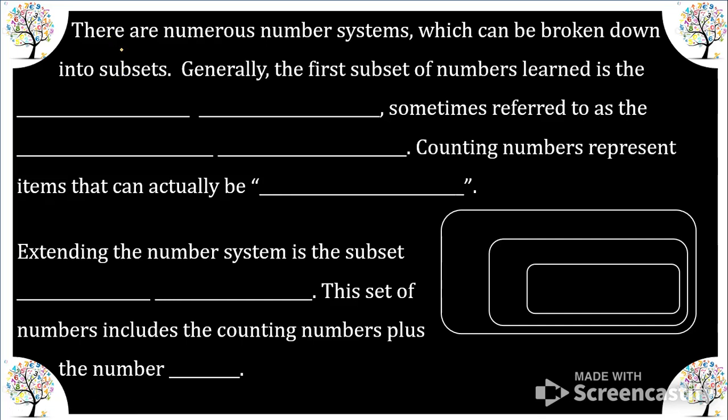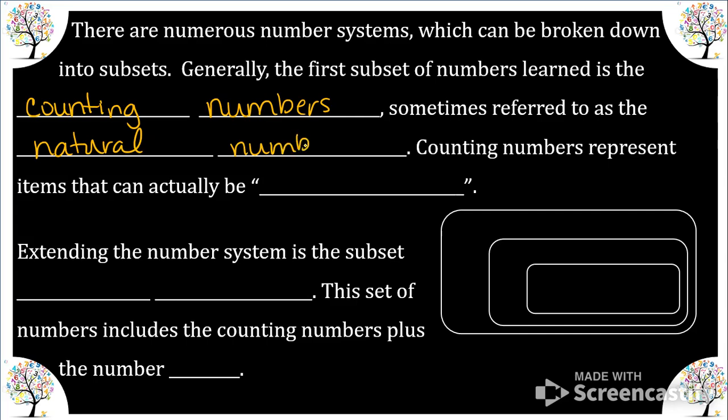So there are numerous number systems, and you begin learning these in elementary, and they can be broken down into subsets. So generally the first subset that we learn as individuals is called the counting numbers. And sometimes people refer to these as the natural numbers.